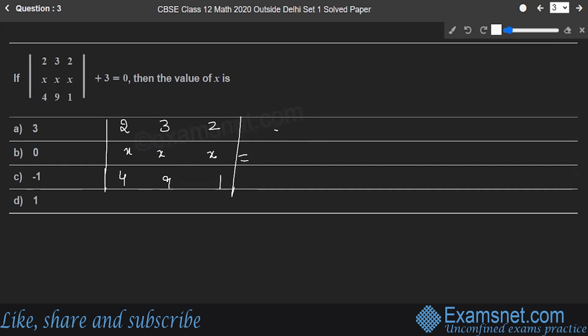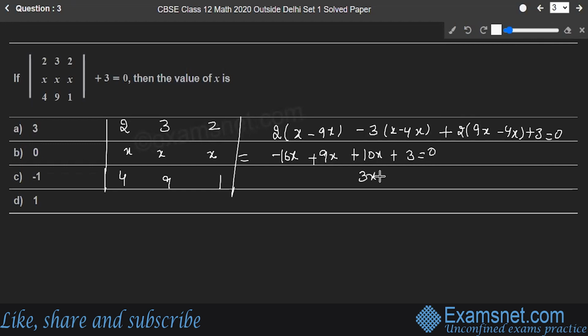This is equal to 2 into x minus 9x, minus 3 into x minus 4x, plus 2 into 9x minus 4x, plus 3 is equal to 0. This makes it minus 16x and minus 9x, plus 9x plus 10x plus 3 is equal to 0. 3x plus 3 is equal to 0, or x will be equal to minus 1. So that means option C is the correct answer.